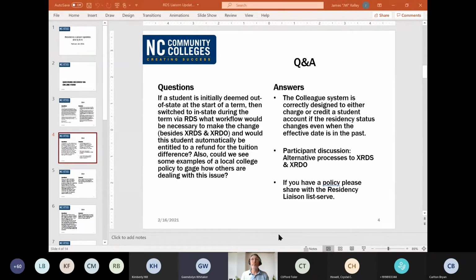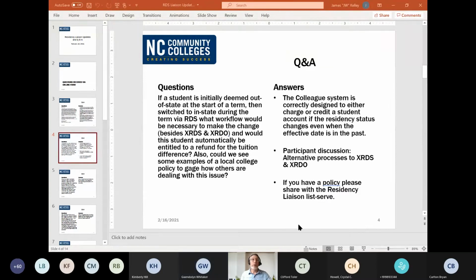Now, if the student goes from in to out, we normally code the student depending on how far into the semester we are. We will code the student with the LVOS to allow them to have the in-state tuition for that semester with an end date, because if it was late verified, then we don't penalize the student, but they will go to out of state the following semester until they fix whatever it is.